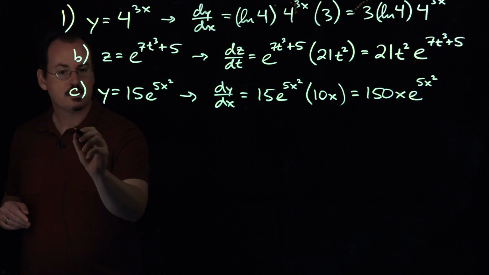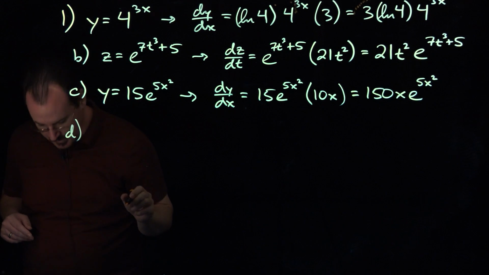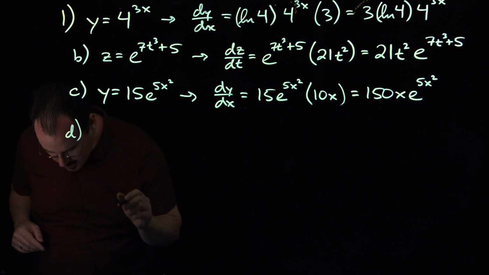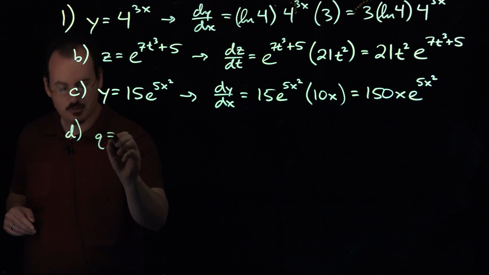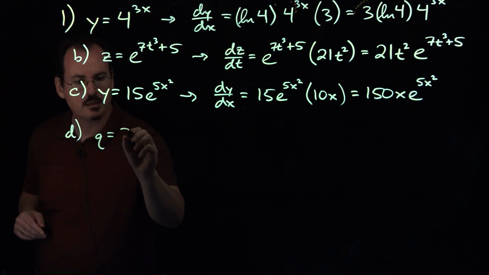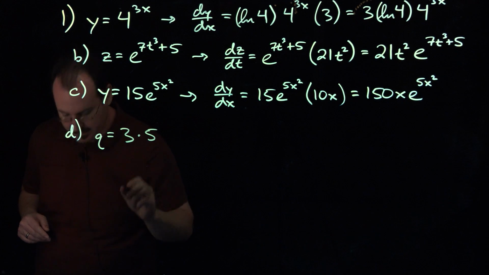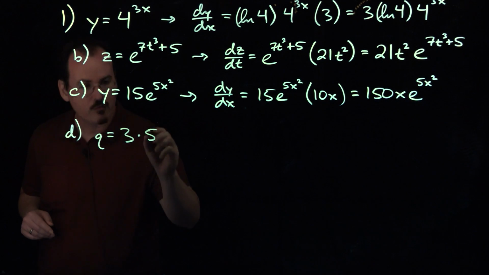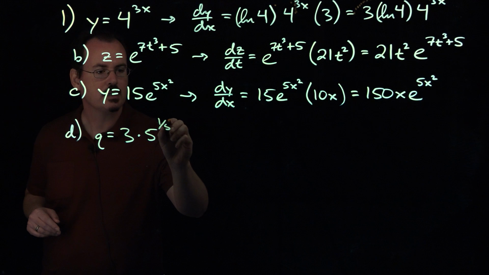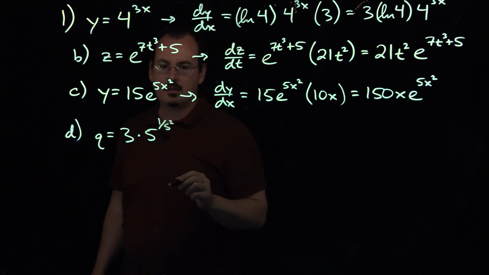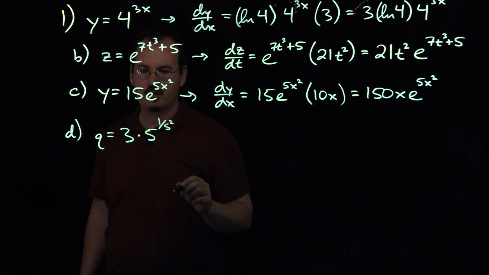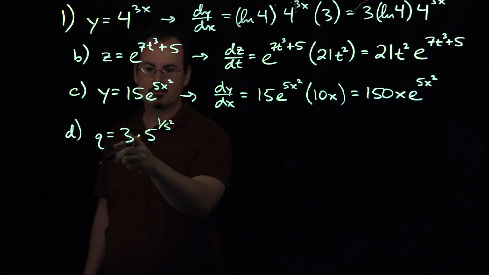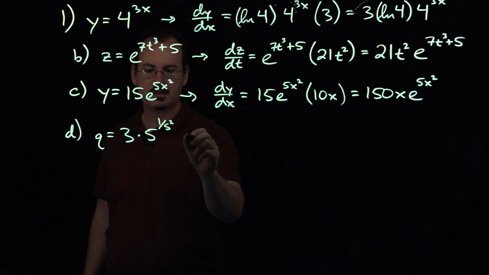Okay, then another one that's kind of similar to the one we saw in the example. Q is equal to 3 times 5 to the power of 1 over s squared. So again, you definitely do not want to multiply the 3 and the 5. I explained that in the example problem.